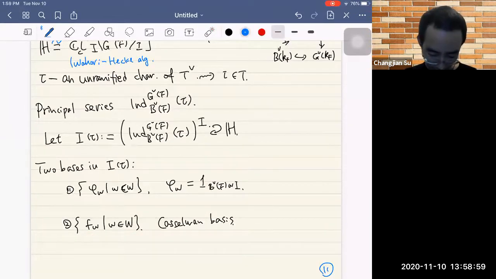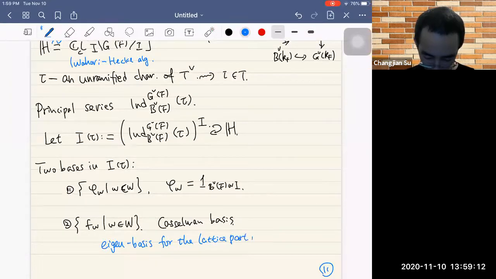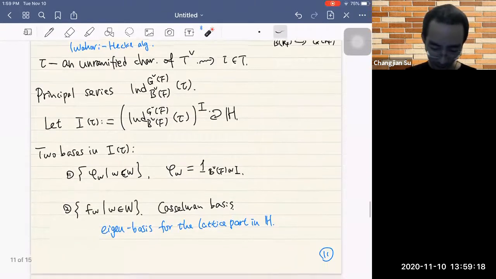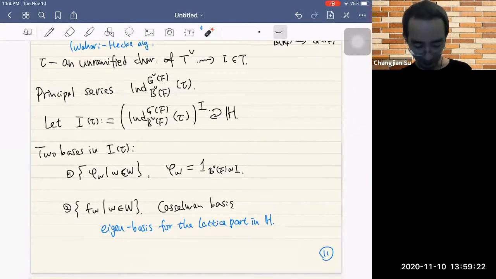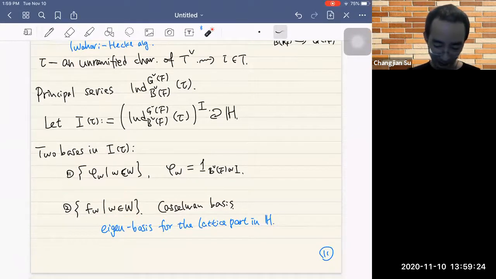So then this is an eigenbasis for the lattice part inside this Hecke algebra. Okay, and then once we know this, it will be very easy to identify this with the basis on the original side.